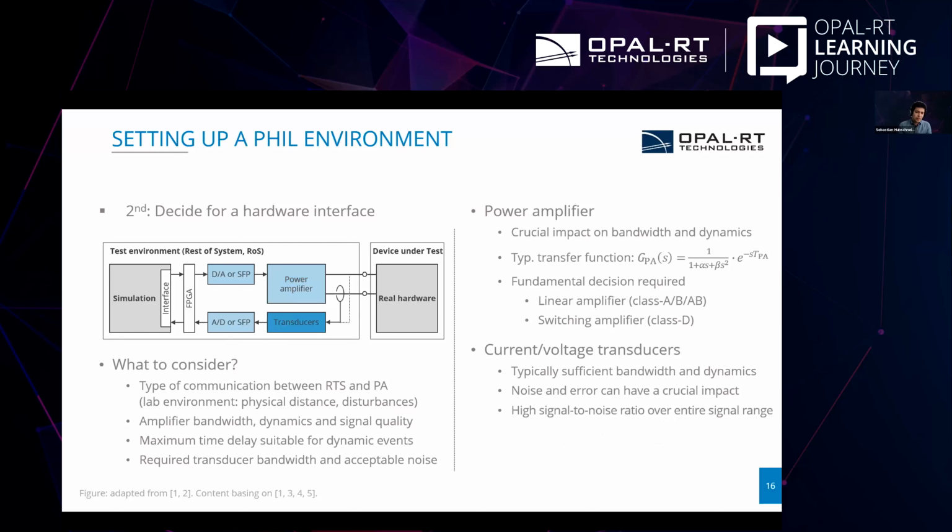In the end, we will need a really high signal to noise ratio over the entire signal range in order to have exact simulations. And last, we need to care about the analog or digital communication between the FPGA and the power amplifier. And for the digital communication, again, whether it's an electrical or an optical communication interface.